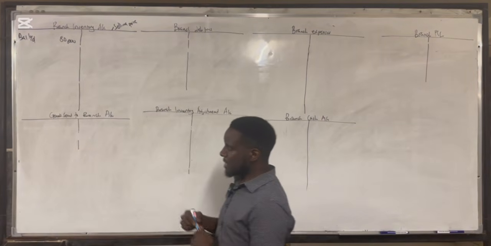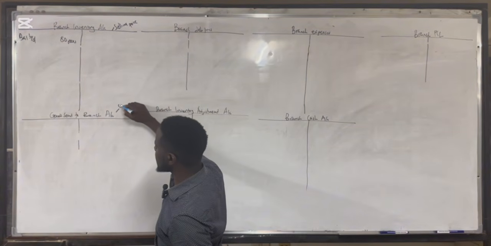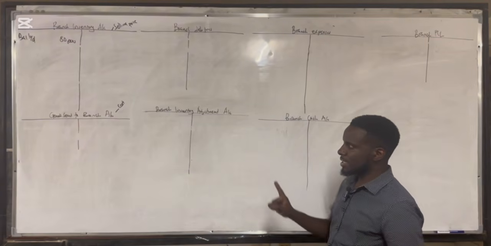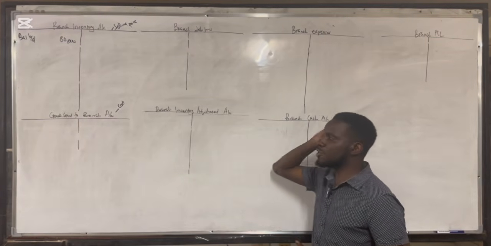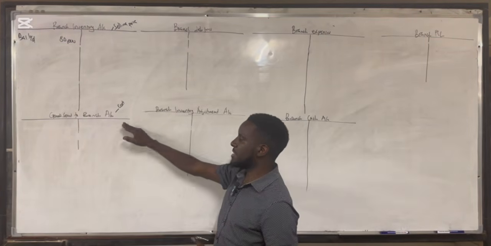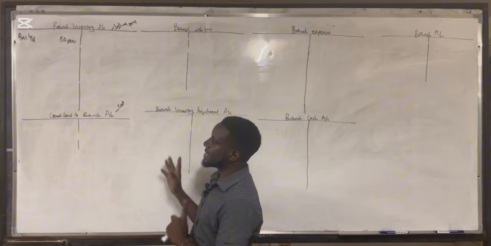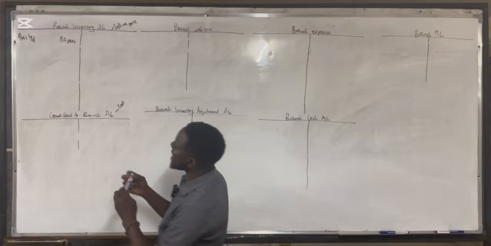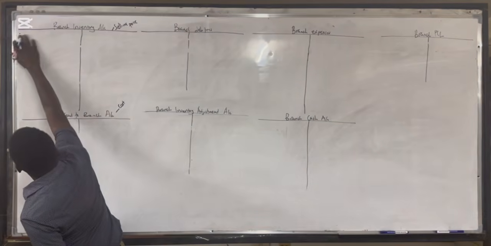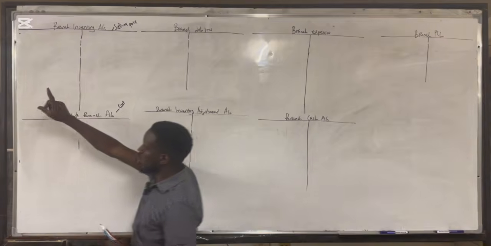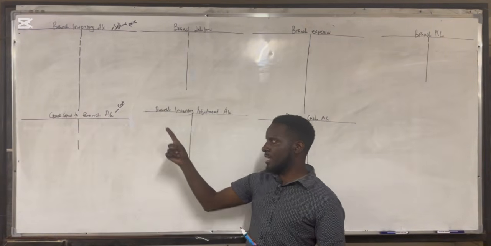But then, the goods sent to branch account records cost. So it means that if the head office is sending goods to the branch, and those goods have been sent at the selling price, when it comes here to the branch inventory account, you're going to record those goods at the selling price.